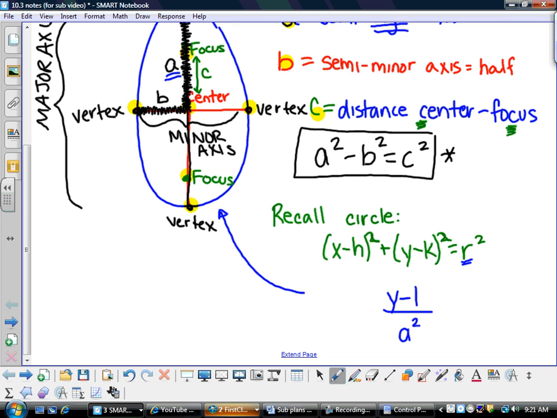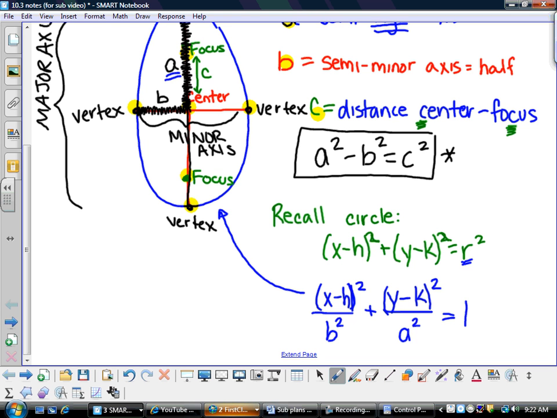So I'm going to have (y minus k) squared over a squared. Again, if I'm writing one for this specific ellipse, the B was in the x direction, so the b squared is going to go underneath the x's. And this equals 1.